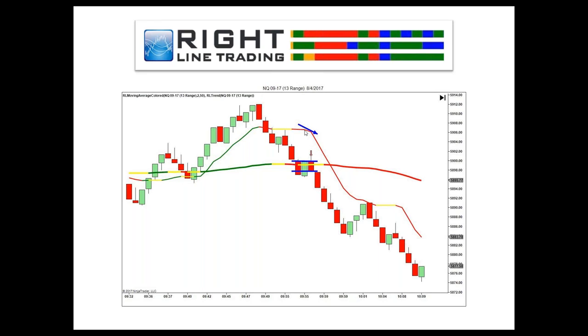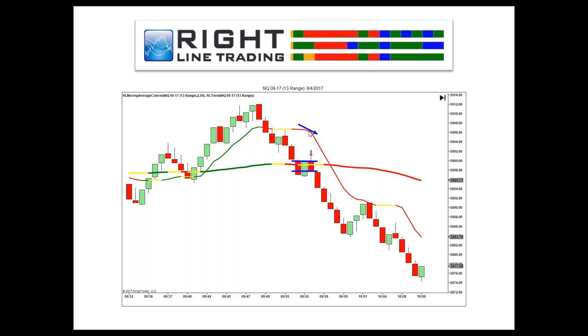With the 15 above the 50, remember that we're really looking for a long trade. We want to take our trades on the side of the modified 15, and so what we'd be looking for is a bounce off the 50 to the upside. But if this consolidation of the 50 is associated with volatility and momentum that continue to the downside, we're not going to want to look for this green candle and a move back into the uptrend.